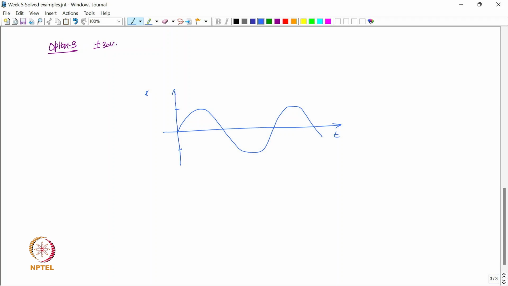So this is plus 12 volt and this is minus 12, right. And now if I also show the voltage range, then the voltage range is somewhere here, something like okay, this is minus 30 volt and this is plus 30 volt, correct.